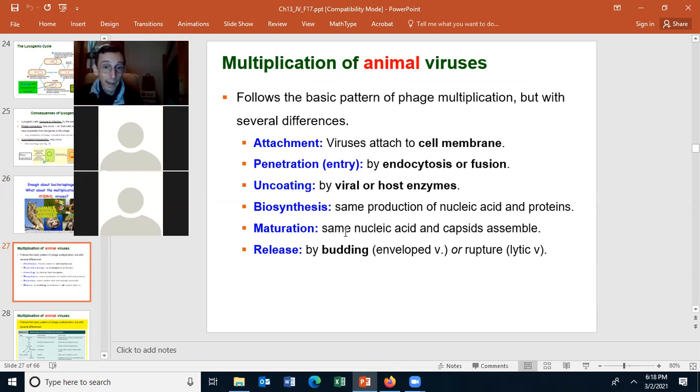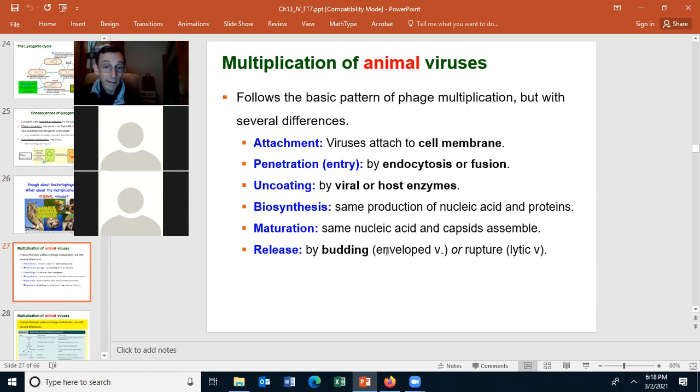The biosynthesis, generally the same. Maturation, generally the same. The release of animal viruses can be very different. It can be the same, meaning animal viruses can be released by rupture of the cell, and that would be similar to the lytic viruses, lysing the cells.